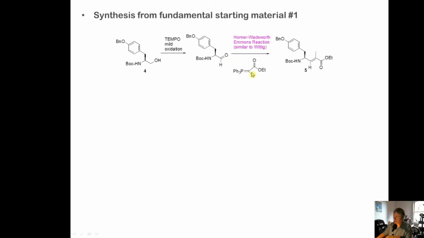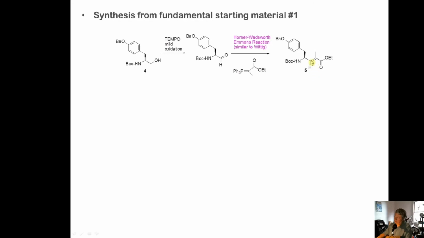And then it's essentially an alkene-forming reaction. So they went from an alcohol oxidized to an aldehyde, an electrophilic functional group, and then they did this kind of Wittig-like reaction. Technically, the name of this is a Horner-Wadsworth-Emmons reaction, which is Wittig-like. And then they have this.